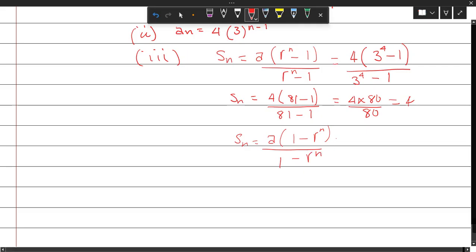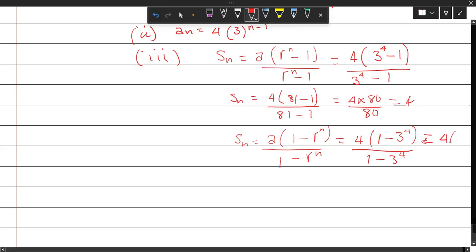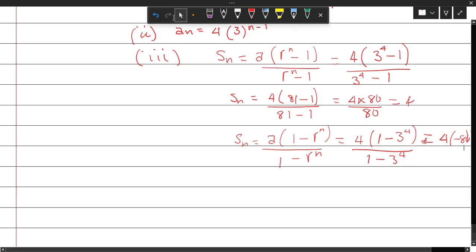So you have 4, then 1 minus 3 to the power 4, divided by 1 minus 3. So you have 4, then you have negative 80. I need to get some space. Okay, let me just erase.